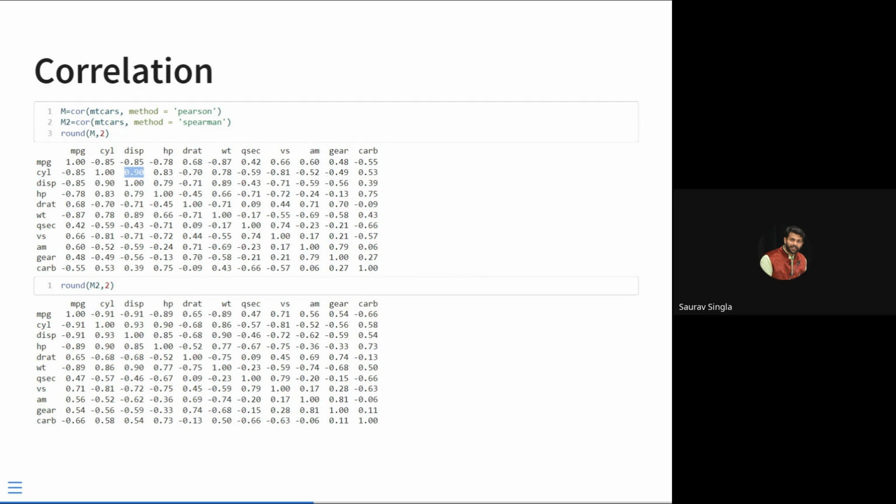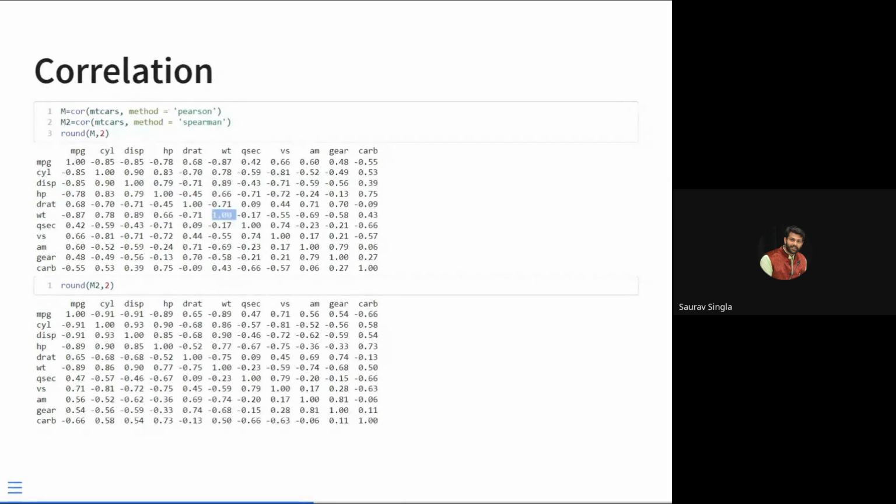Now if you see, this value is also the same. This is the correlation between displacement and cylinder. So this matrix is simply a duplication of the information below the diagonal and above the diagonal. This is the diagonal.